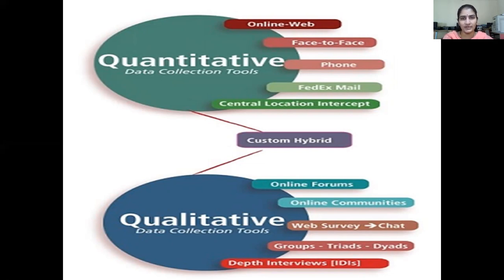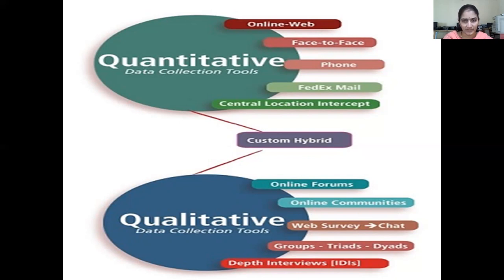Now let us see how this quantitative and qualitative data will be collected. To collect the data, we use different methods. Quantitative data can be collected online, especially in the present scenario, where online surveys and online research are conducted. Online web-based data we can collect, or face to face, or through phone, or through mail, where we send a mail to many persons and ask them to reply, or through central location intercept.